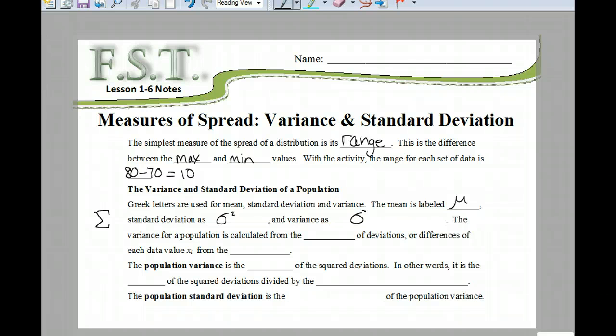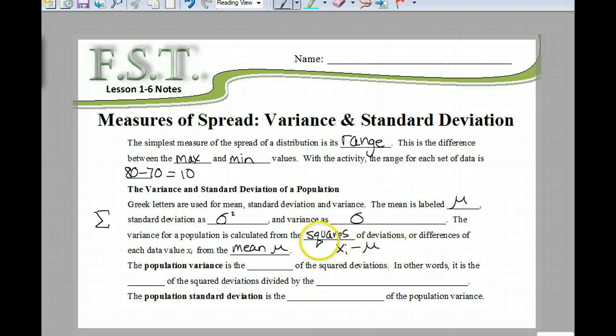The variance for a population is calculated from the squares of deviations, or the differences of each data value from the mean, or mu. So what we're saying is each data point, call it xi, subtract the mean from it. That's your deviation, okay?